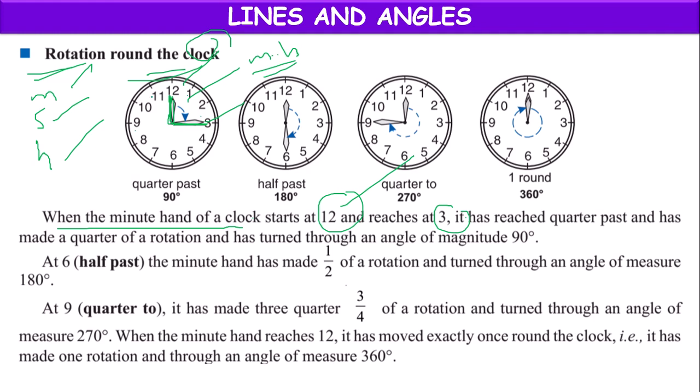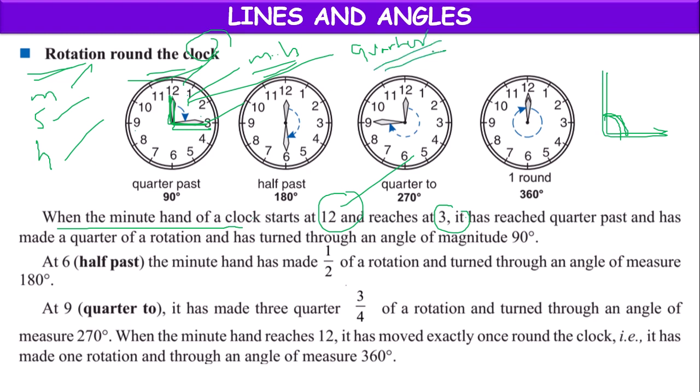12 to 12 is one complete part, but it is moving from 12 to 3 only. According to our standard rotations, it is 90 degrees rotation, because out of a complete rotation, it has completed a quarter part.